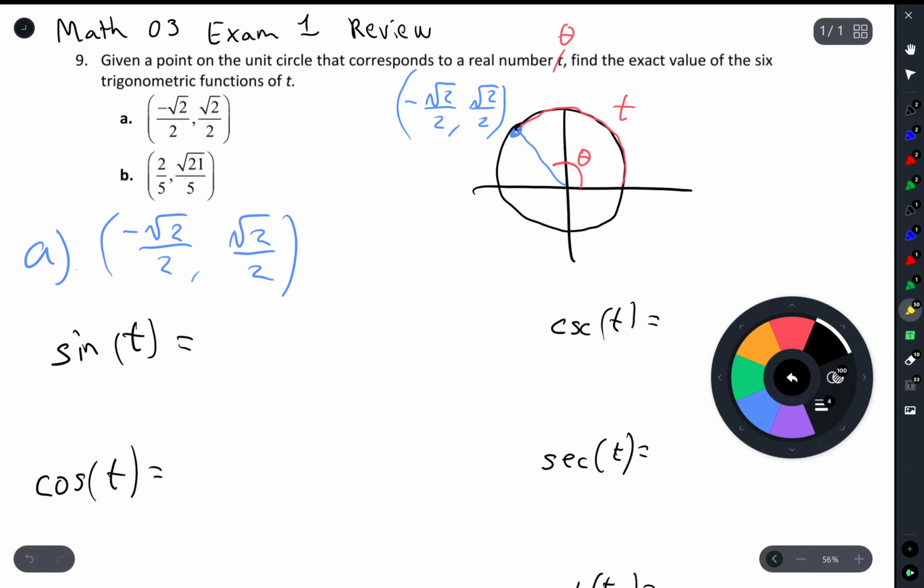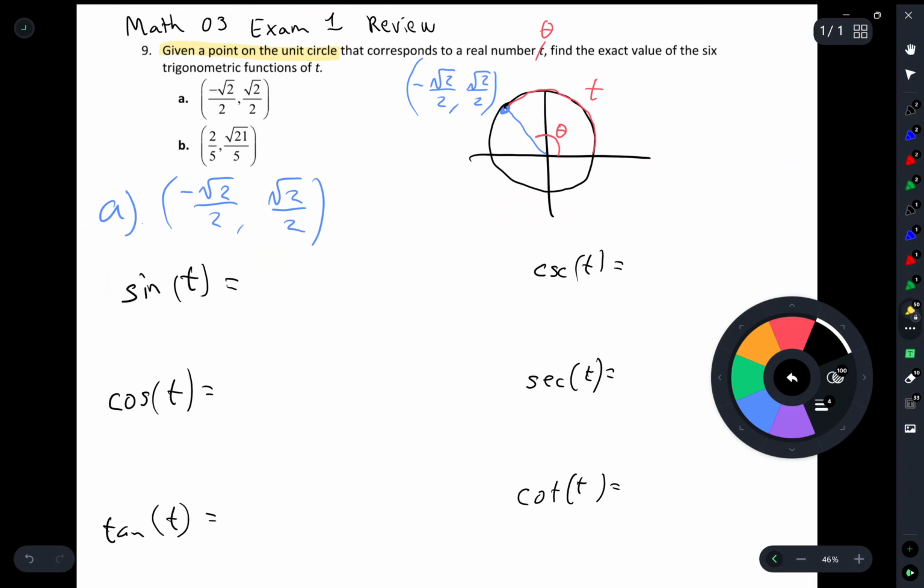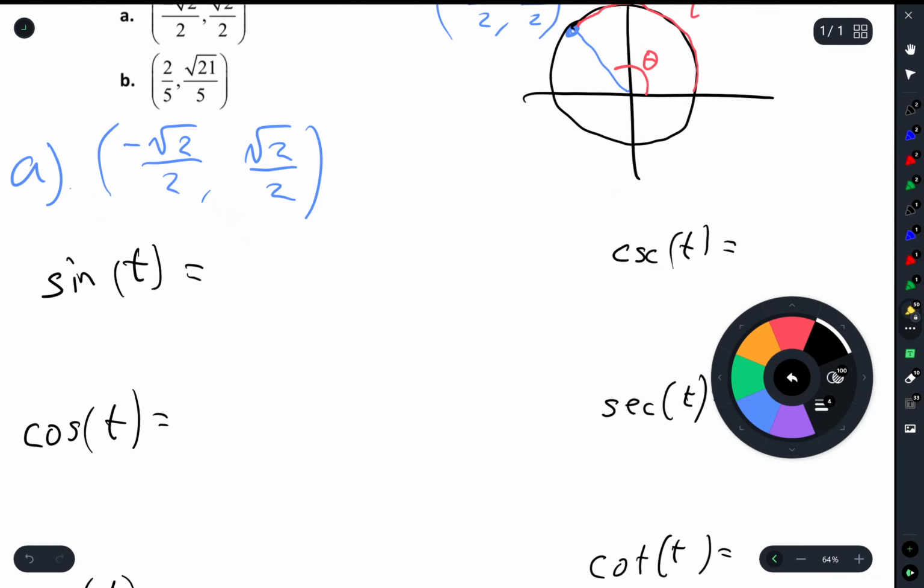Okay, now the key phrase right here is this is a point on the unit circle. And so when we find the values of the 6 trigonometric functions, that is, sine of t, cosine of t, tangent of t, cosecant of t, secant of t, and cotangent of t, we are going to use the unit circle definitions. So in general, sine of t would be y over r.